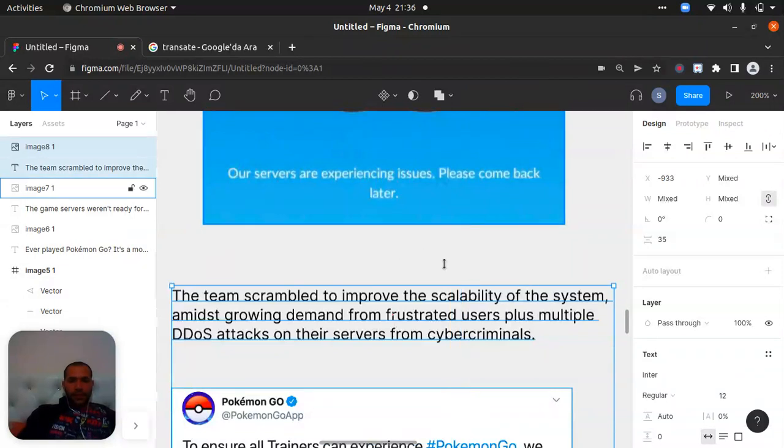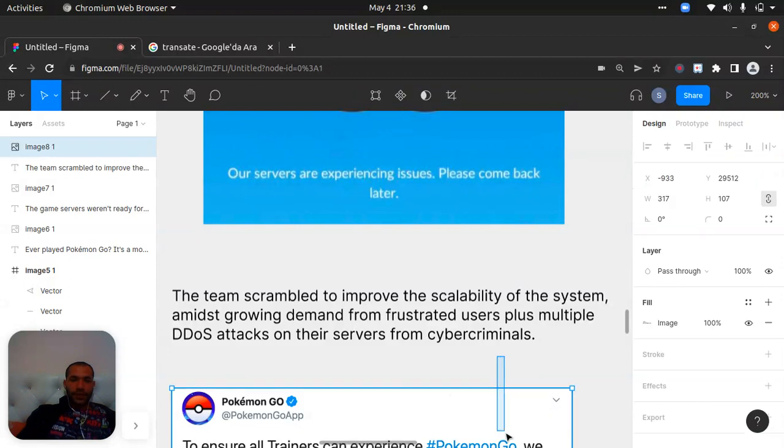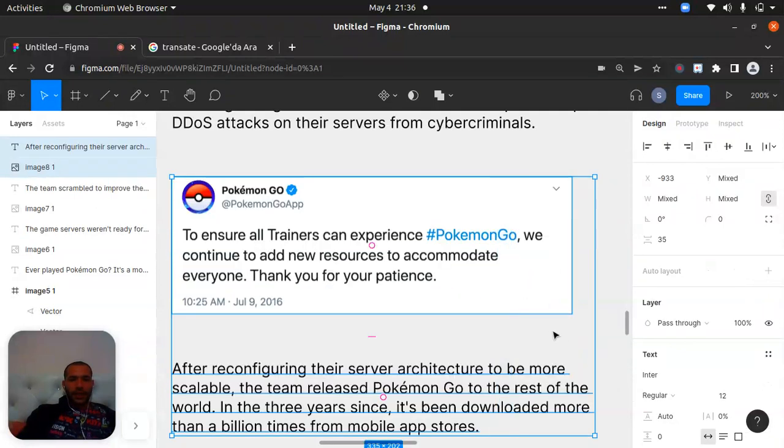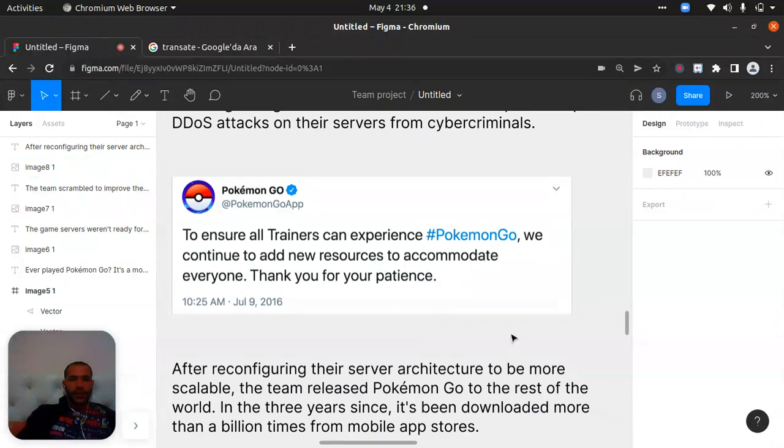The team scrambled to improve the scalability of the system amidst growing demand from frustrated users, plus multiple DDoS attacks on their servers from cyber criminals. Pokemon Go also said here: to ensure all trainers can experience Pokemon Go, we continue to add new resources to accommodate everyone. Thank you for your patience.